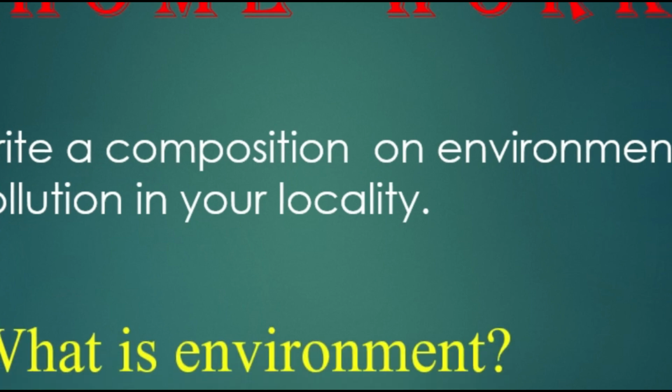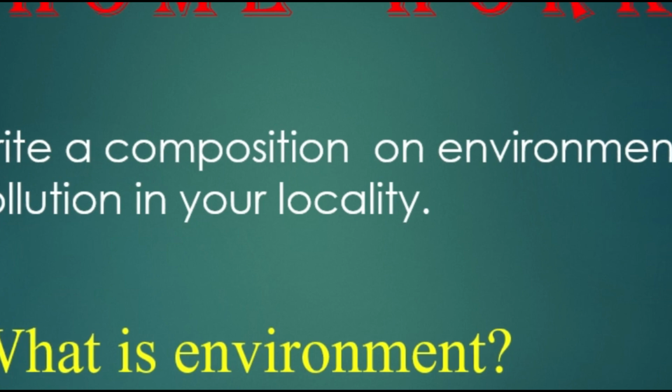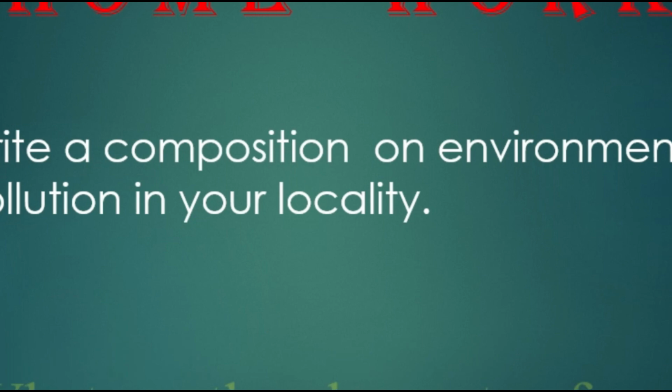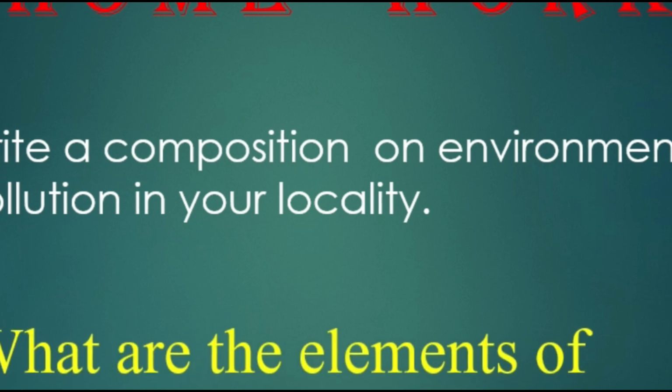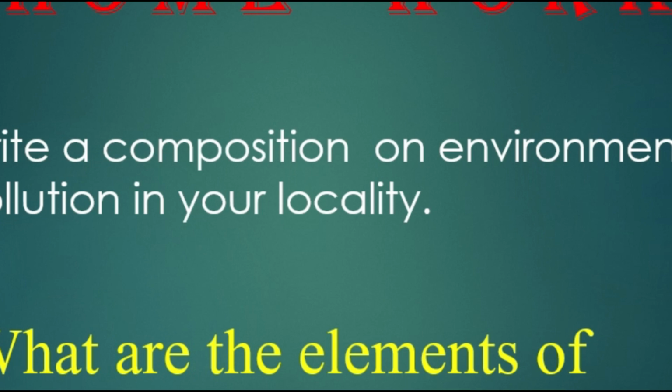First question, what is environment? Air, water, soil and the other things that we see surrounding us are the elements of our environment. What are the elements of environment? We already have mentioned some names of the elements of our environment.